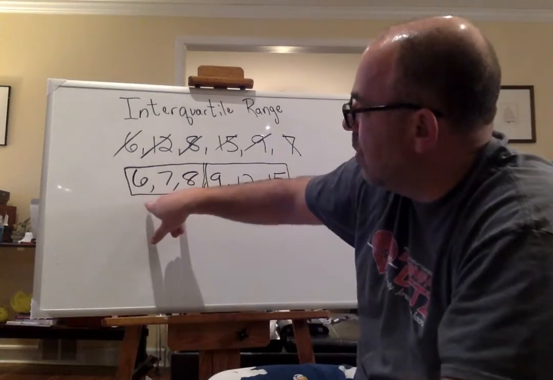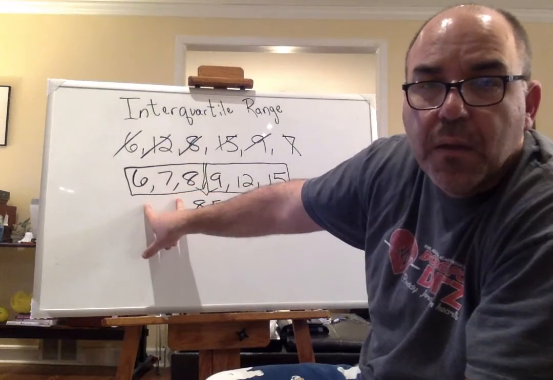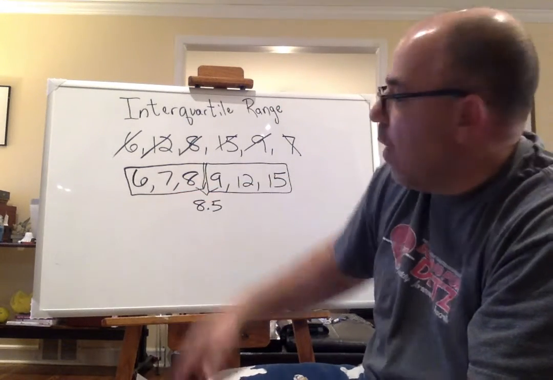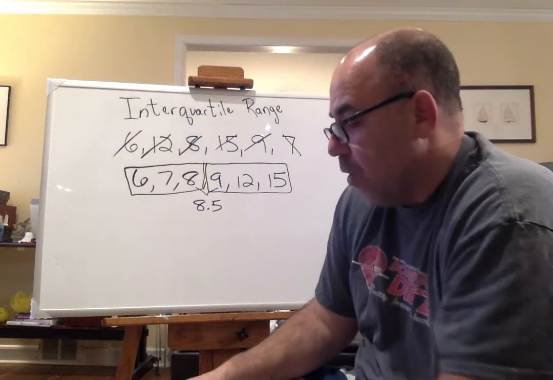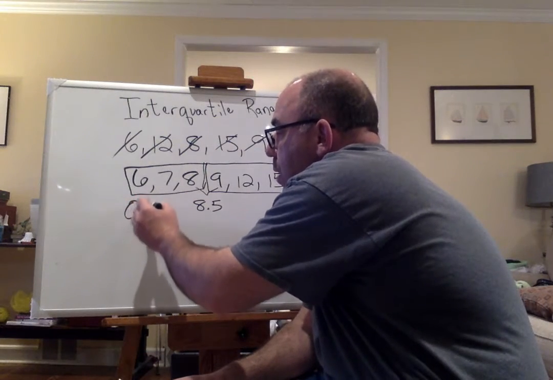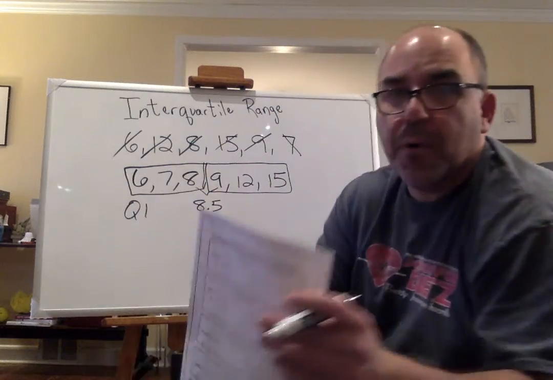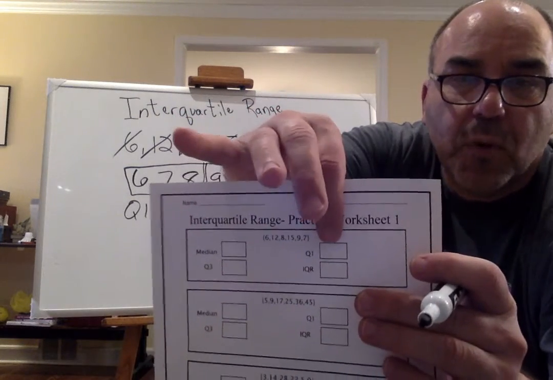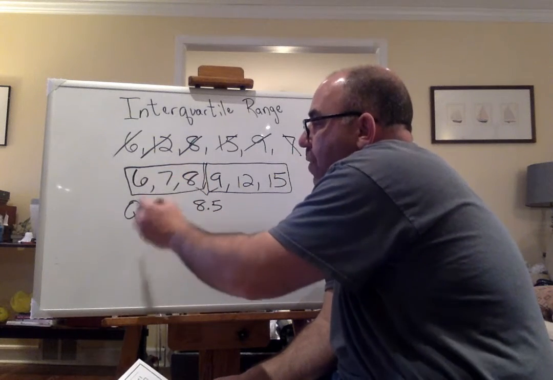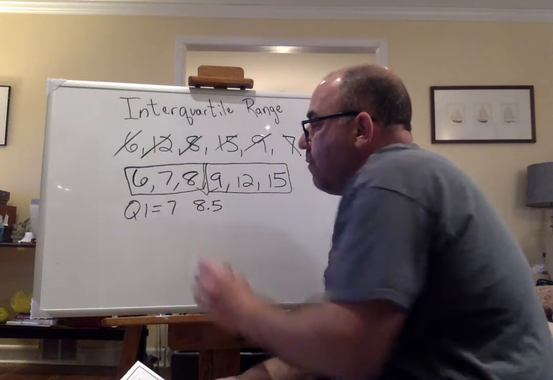So now, we got lucky. We have an odd number of values. So our first quartile, or Q1, again, I'm looking at my paper and I'm filling in right here where it says Q1. Q1 is going to be my median of this first half of the numbers. The value is going to be 7.